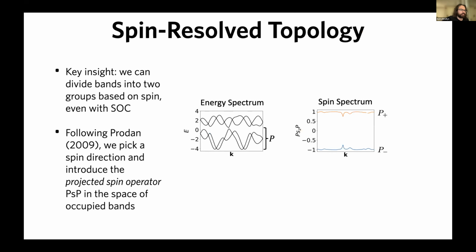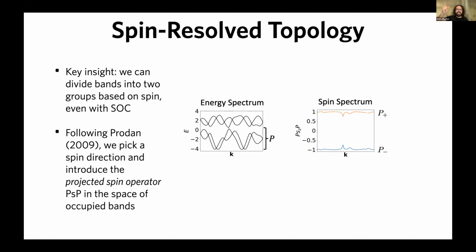We can do this using any observable we want, but one physically motivated observable is spin. So what I mean by this is I take my occupied bands, pick a direction, let's say the Z direction, and I look at the matrix elements of the spin operator only in the subspace of my occupied bands.